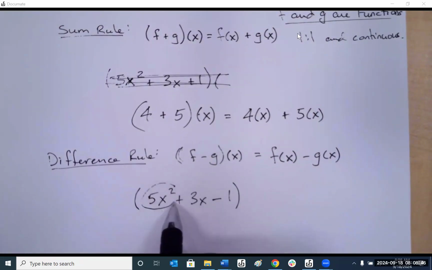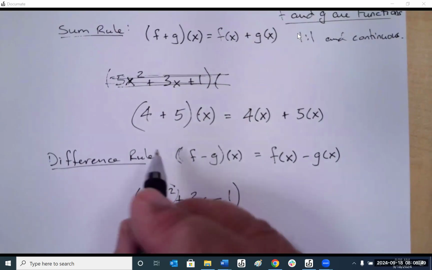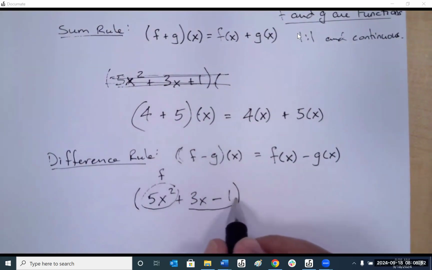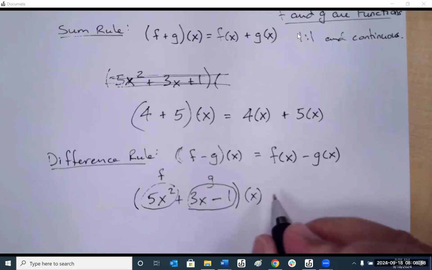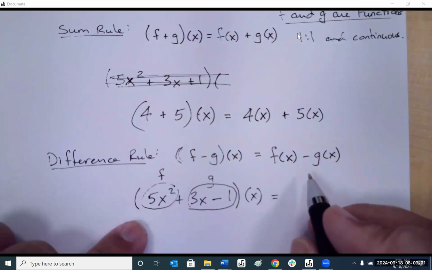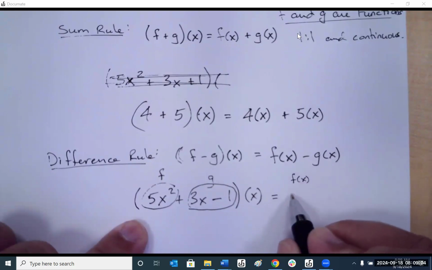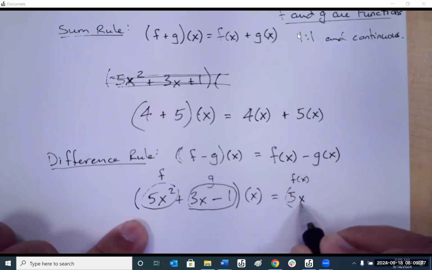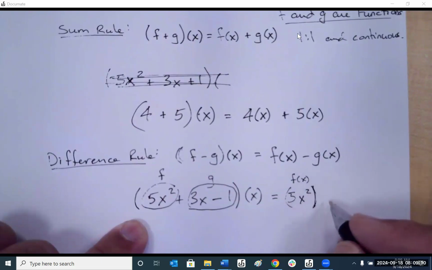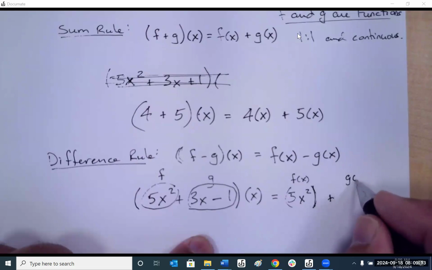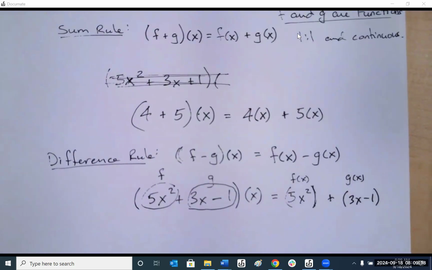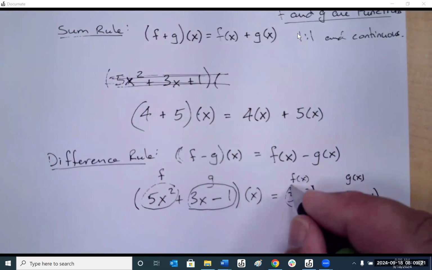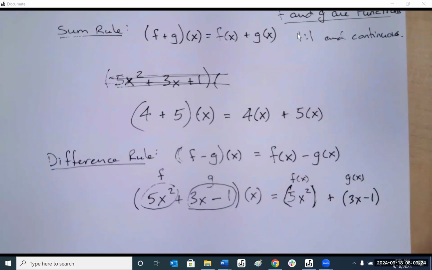What I'm saying here is this is my f function. This is my g function. So f of x would be 5x squared plus 3x minus 1. Because once I define a value for x, I could plug them in there.